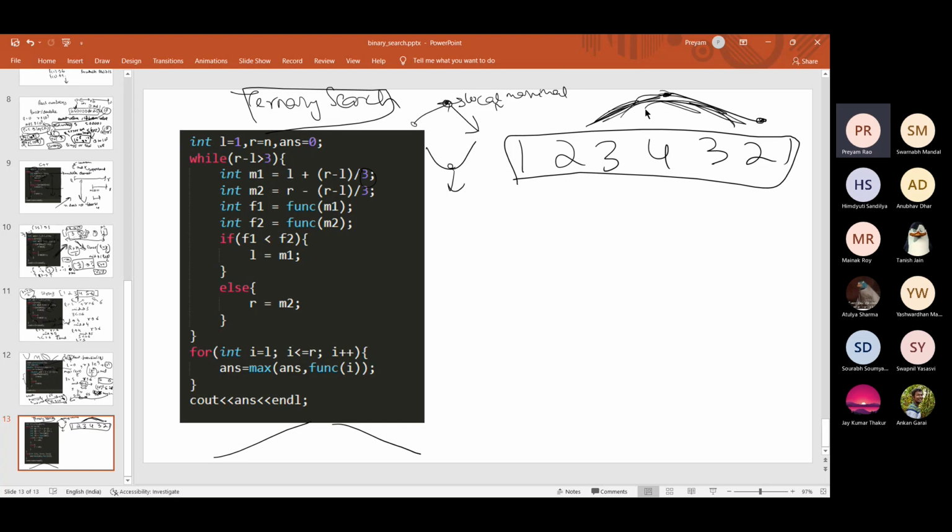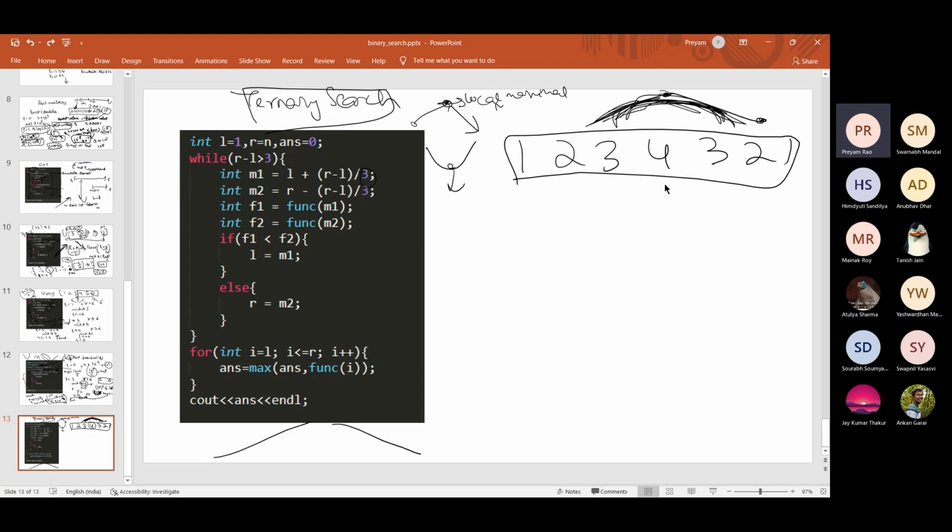Since there's only one local maxima, we can apply ternary search. But had there been another 4 here, then ternary search would have failed, because there is more than one local maximum. If it's not monotonically increasing, then monotonically decreasing, we cannot apply ternary search. Okay, that is the condition for ternary search.